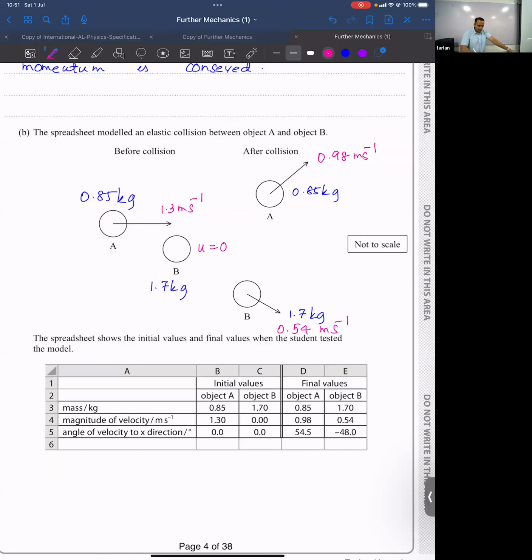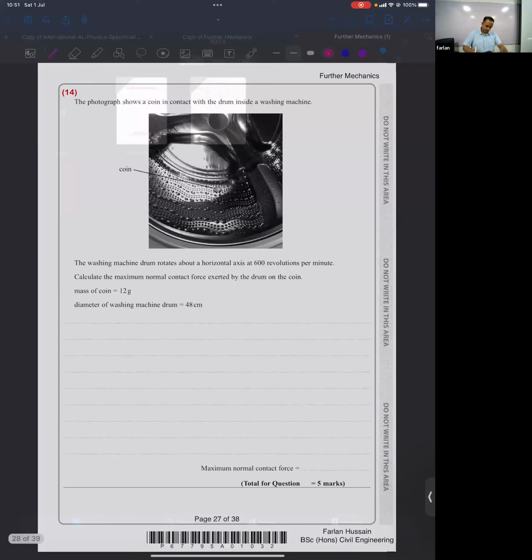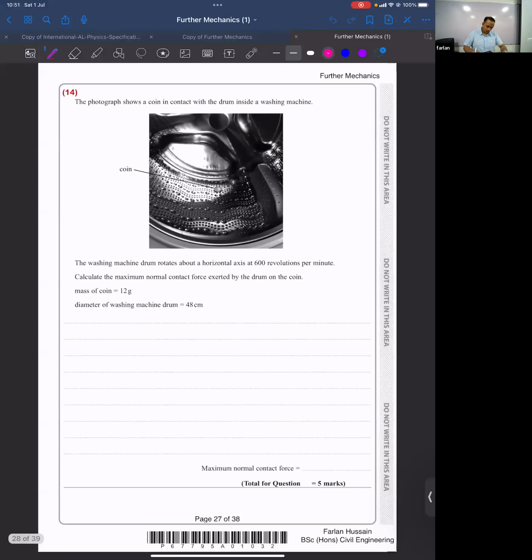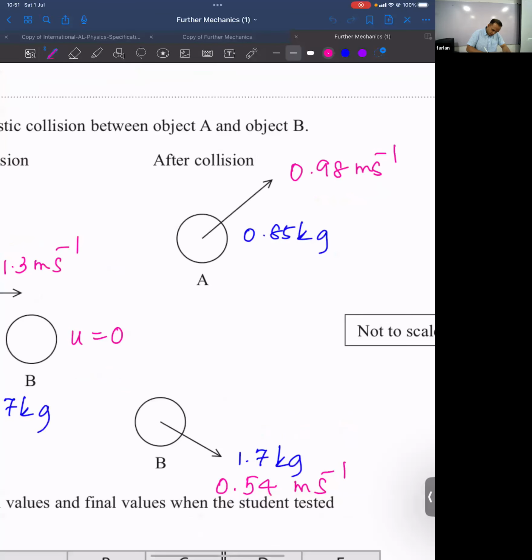After the collision, for A the angle is 54.5 degrees.